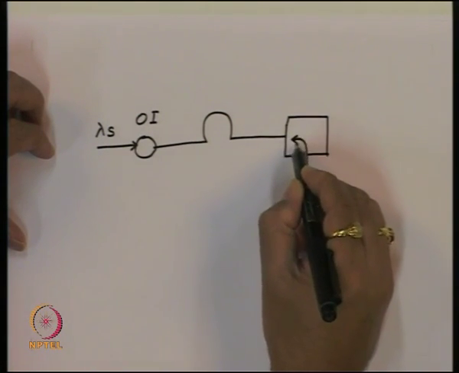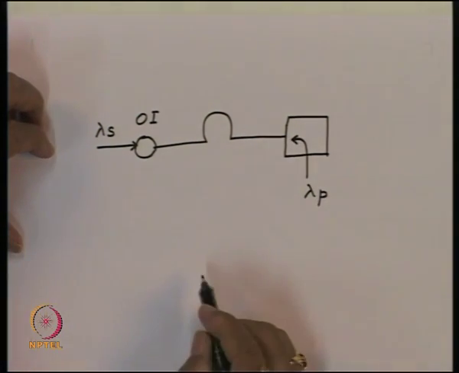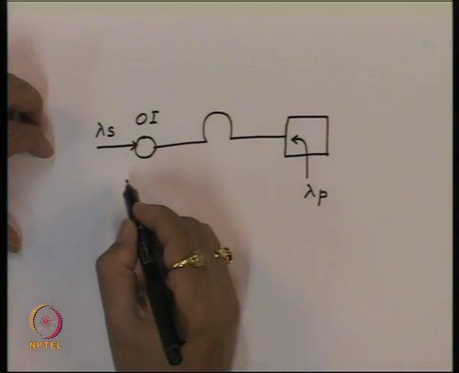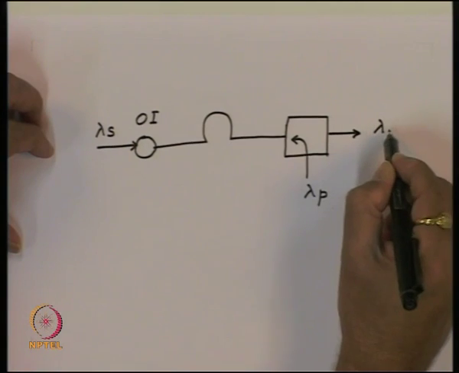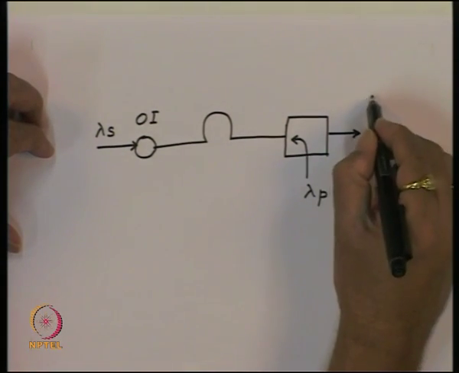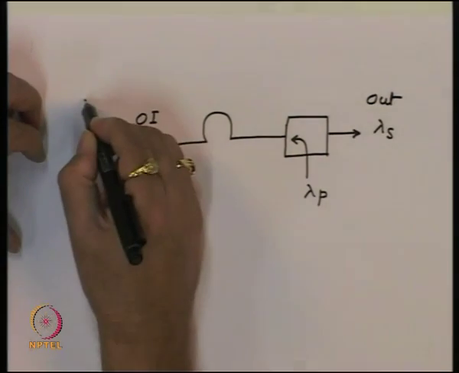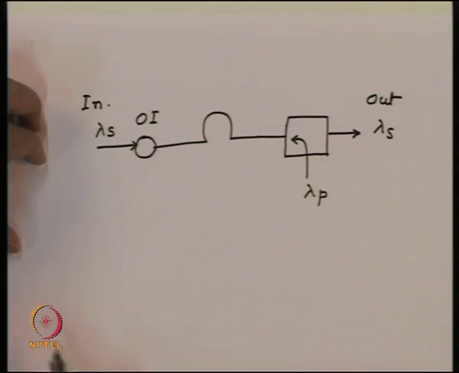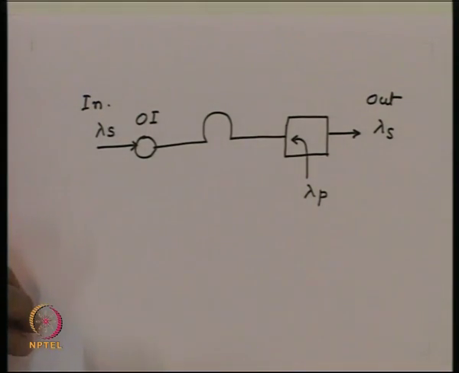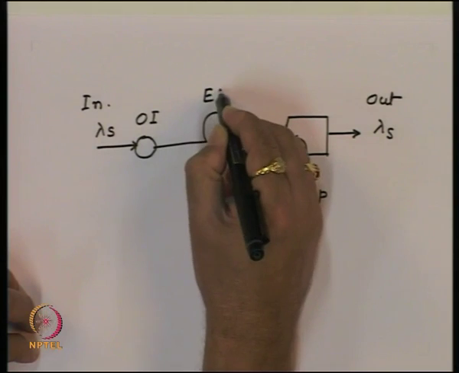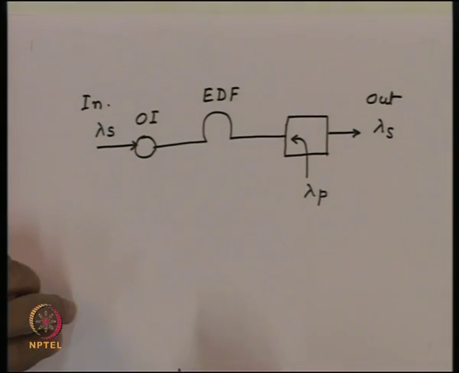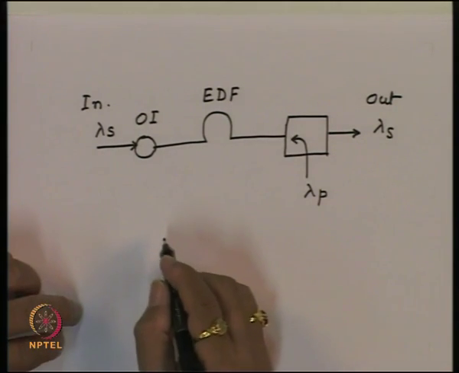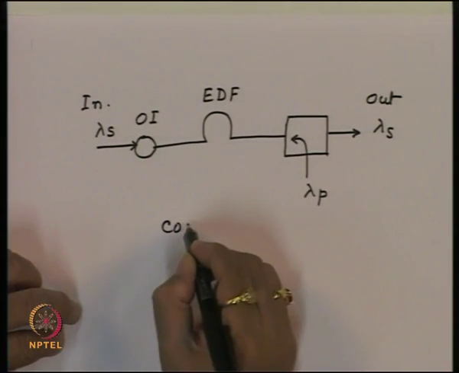So, pump is combined this way, this is lambda p, and you get the amplified signal which is lambda s. So, this is the output, this is the input, and this is EDF. This one we call as the counter directional scheme.